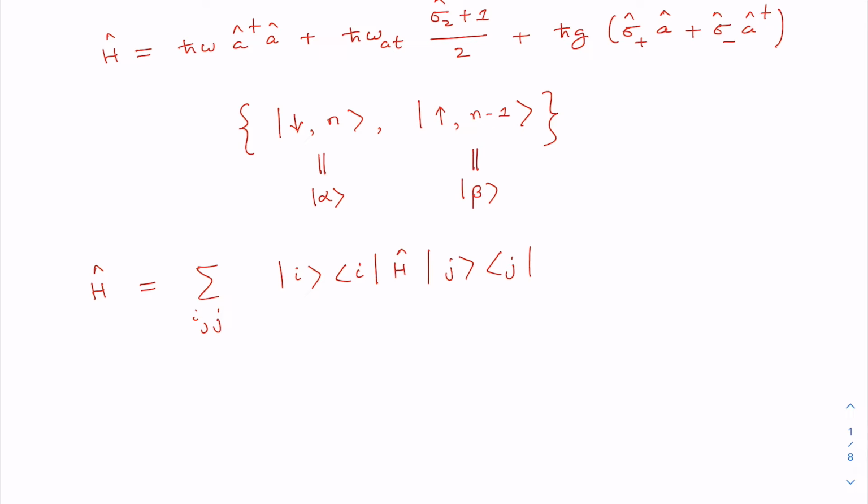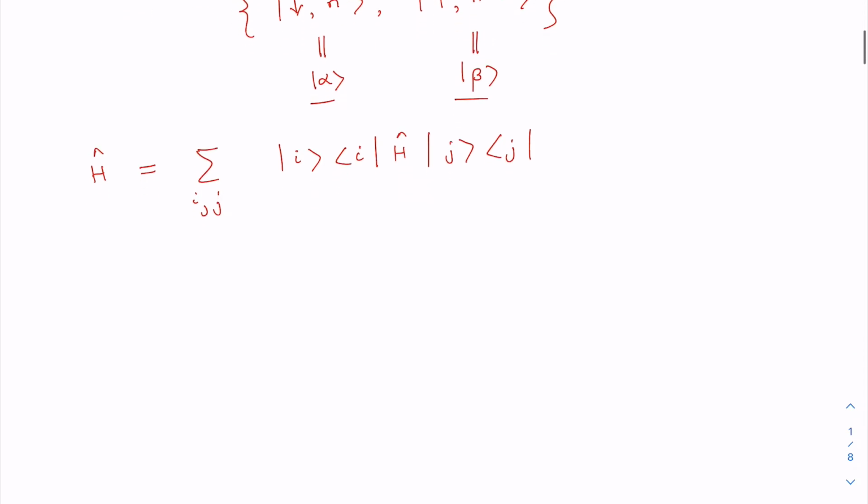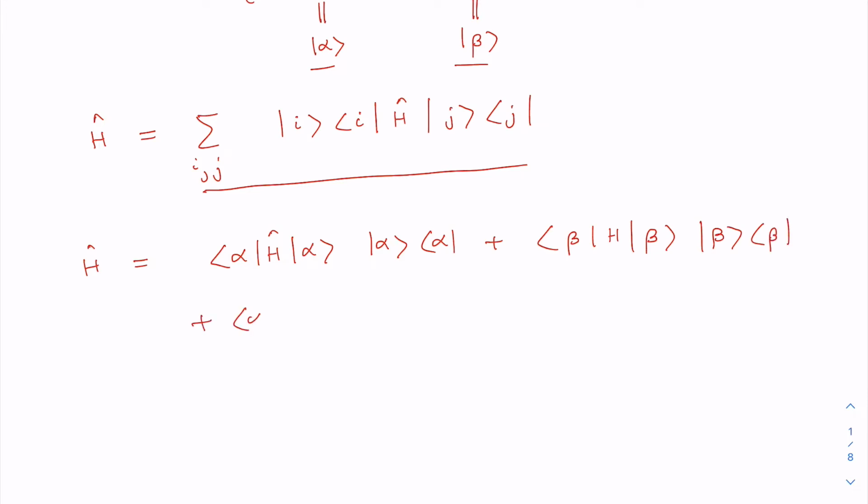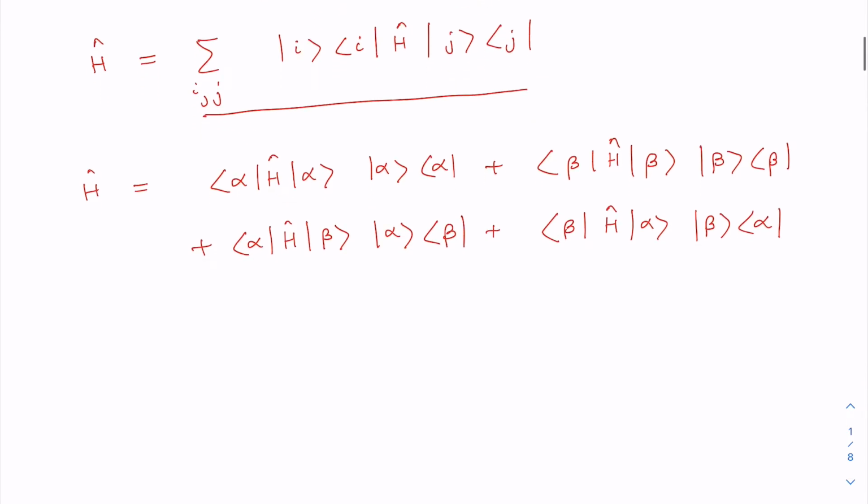Because we have only two kets here, alpha and beta, the Jaynes-Cummings Hamiltonian expands as: ket alpha ⟨alpha|H|alpha⟩ bra alpha, then ket beta ⟨beta|H|beta⟩ bra beta, then ket alpha ⟨alpha|H|beta⟩ bra beta, and ket beta ⟨beta|H|alpha⟩ bra alpha. So this is what we will have.